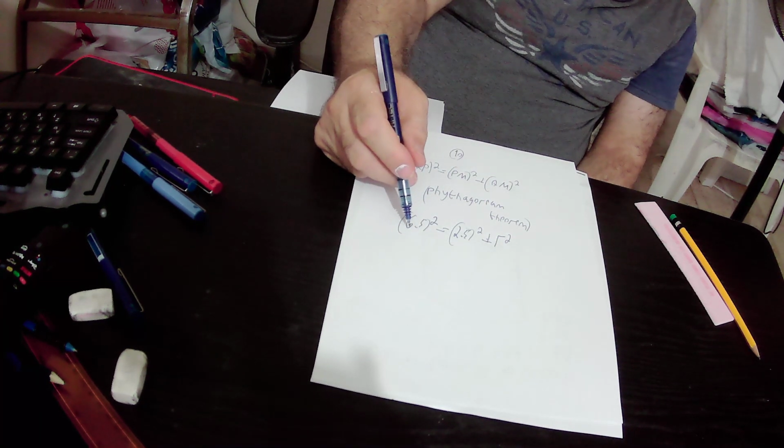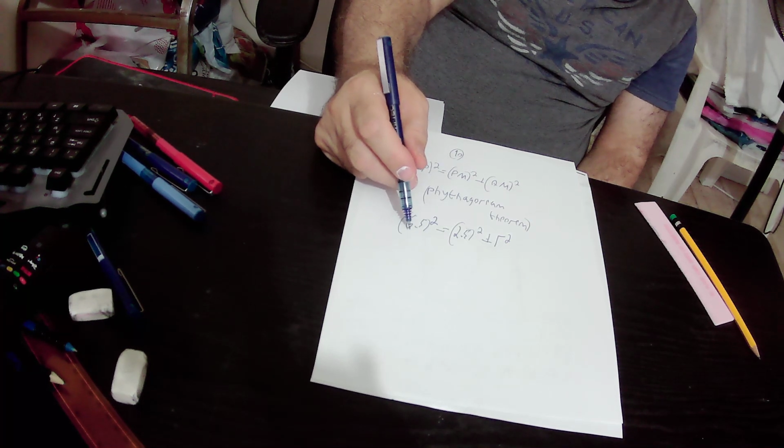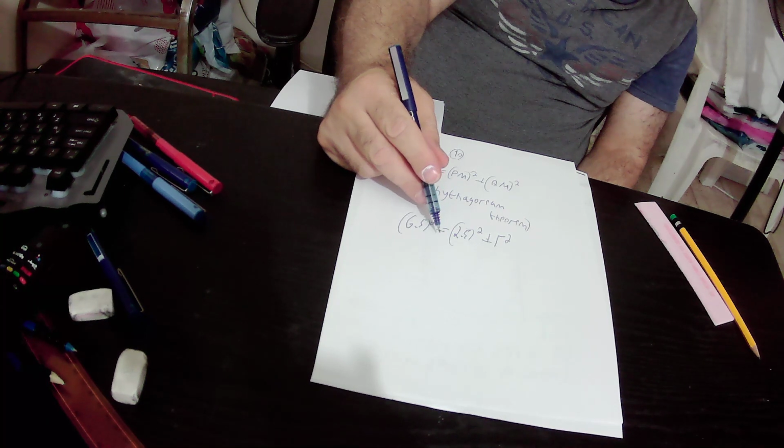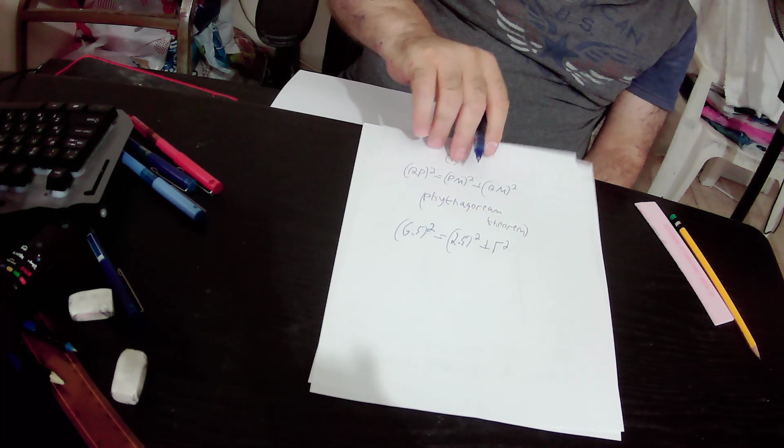6.5 square is 42.25 and 2.5 square is 6.25. So I will write it down.